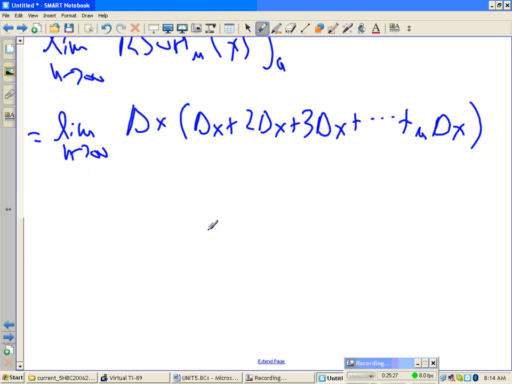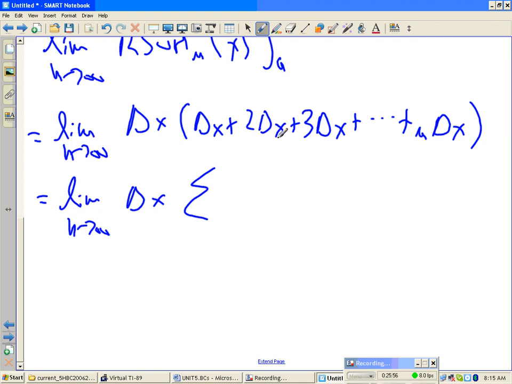Well, I could write that as a sum, can't I? Notice, all right, let me write that as a sum. You have delta x, you have the limit, as n goes to infinity, of delta x times a sum. You can write that in sigma notation. Am I starting at 0?